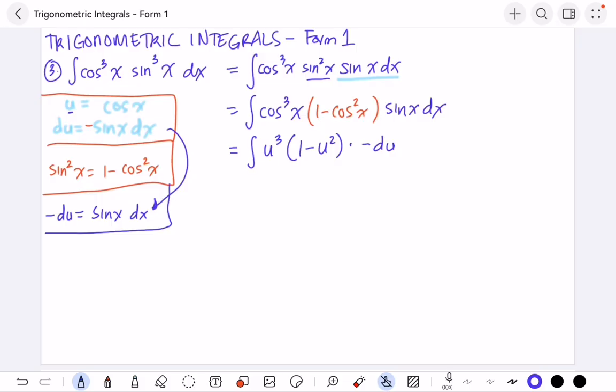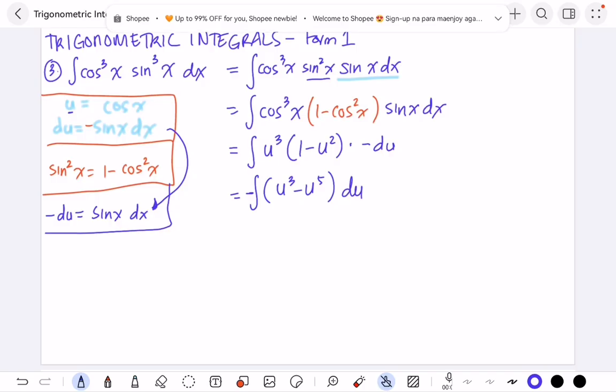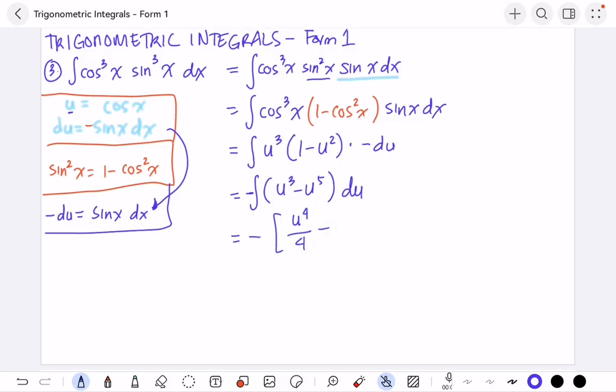Continuing, I can actually distribute u cubed. So I have u cubed minus u to the fifth. Integrate with respect to u and I'll factor out negative 1. So the antiderivative is negative, u to the 4 over 4 minus u to the 6 over 6, plus c.